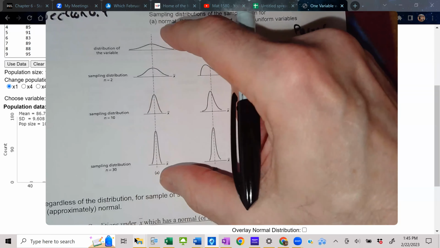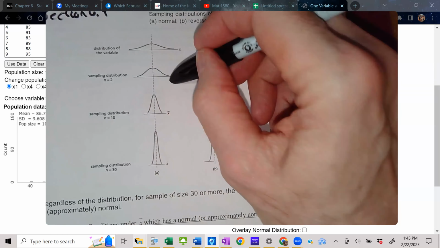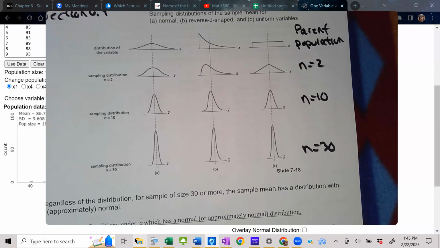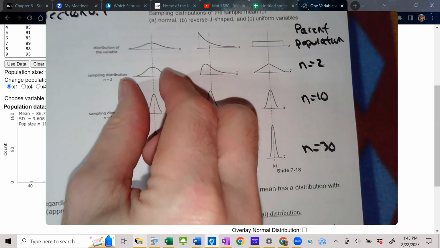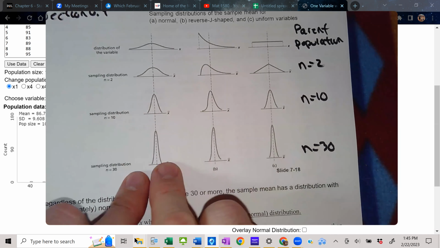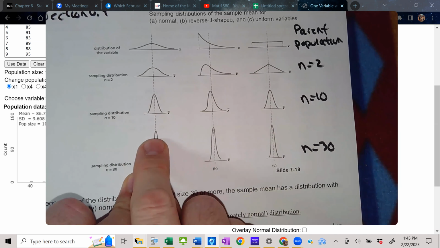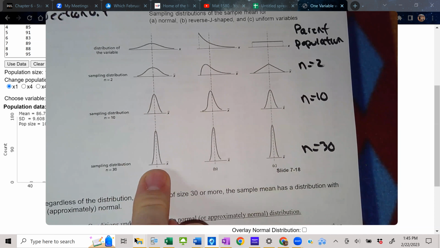What is changing though, as I go from this one to this one to this one to this one? What characteristic of this population is changing? The standard deviation. Ah, well done. Thank you, Keisha. The standard deviation is changing. It's getting smaller, which is why these distributions are less spread out and more concentrated around the population mean here.